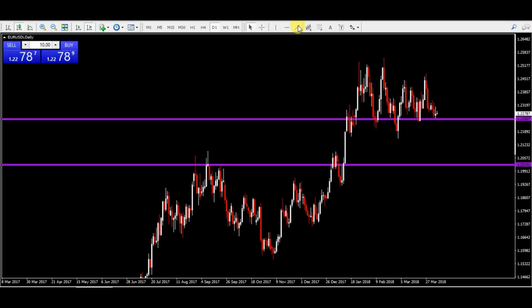So here on the daily chart, EUR/USD, first of all, what determines a trend line? What is an accurate trend line? Because a lot of people draw the trend lines wrong.